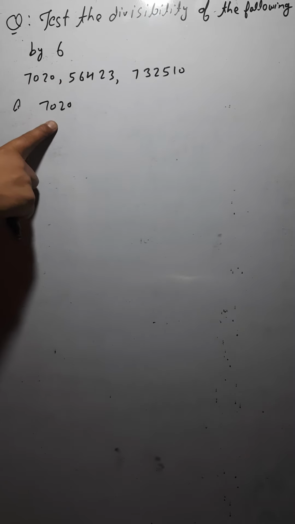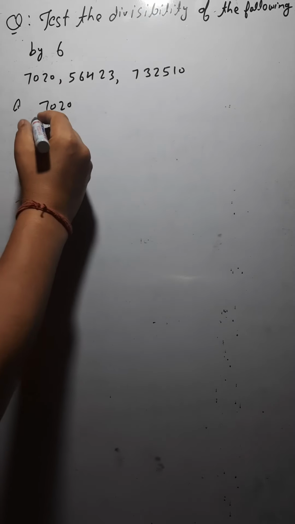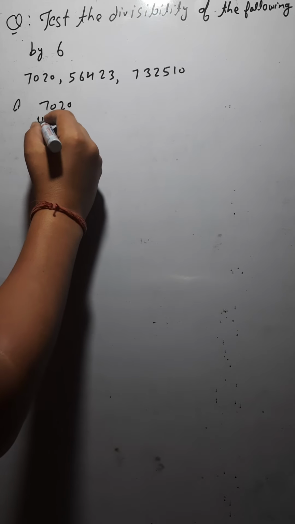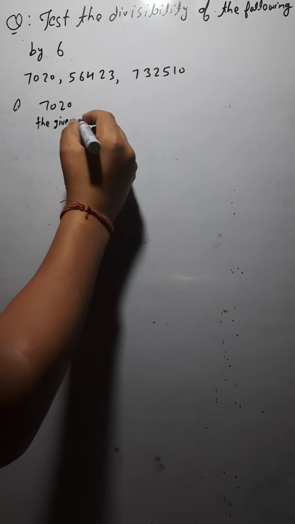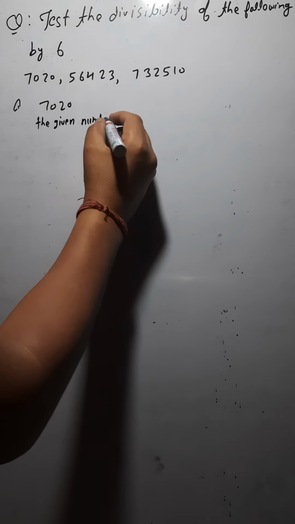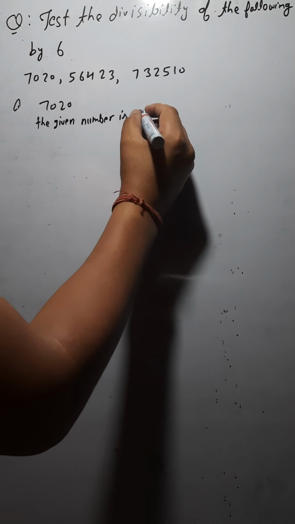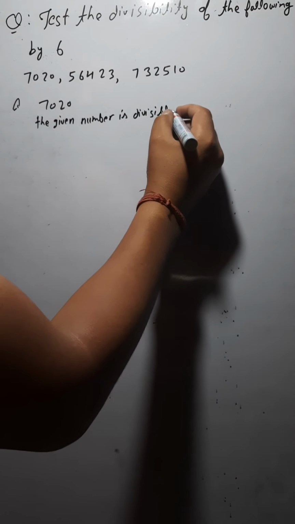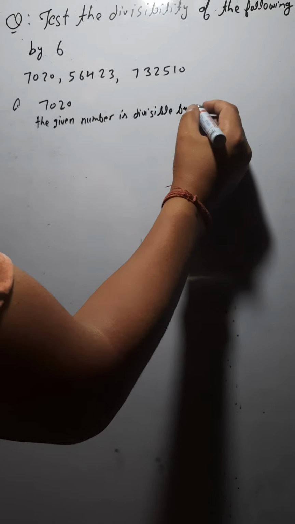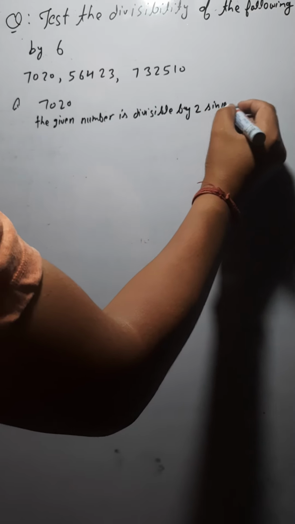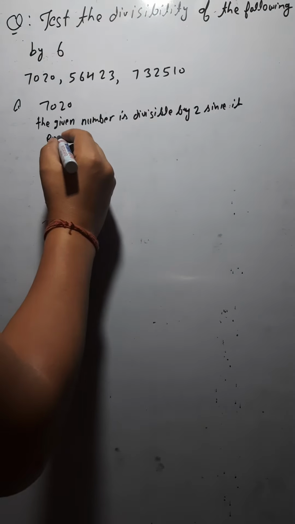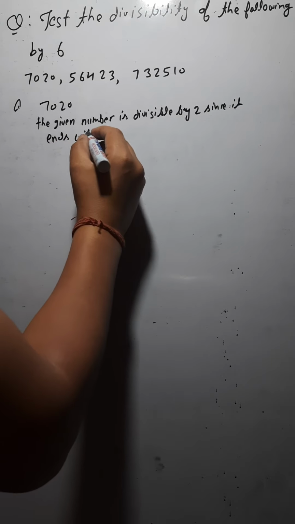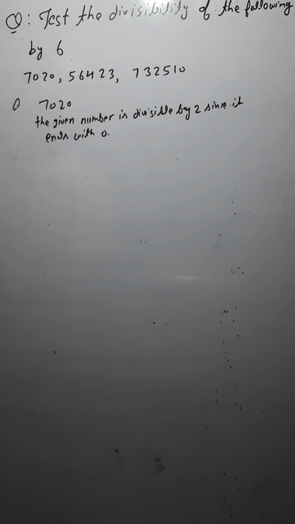So this number would be divisible by 2 because it ends with 0. So you write here, the given number is divisible by 2. Why? Since it ends with 0. Getting it or not?